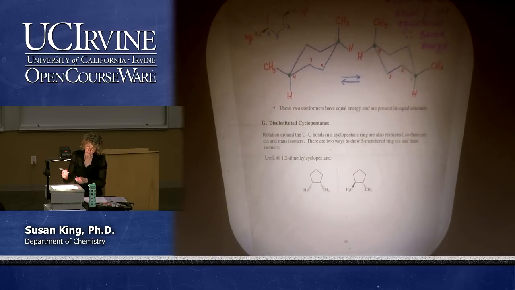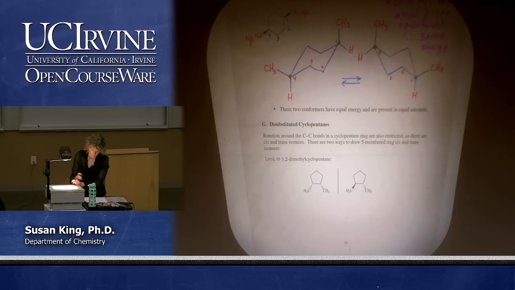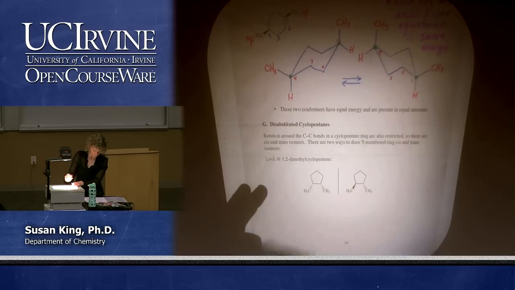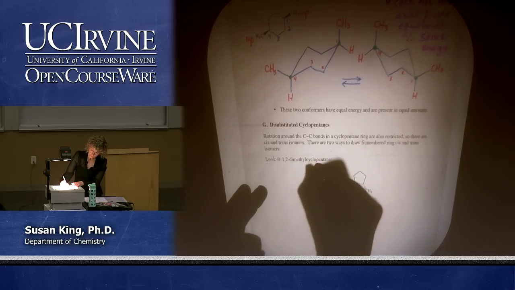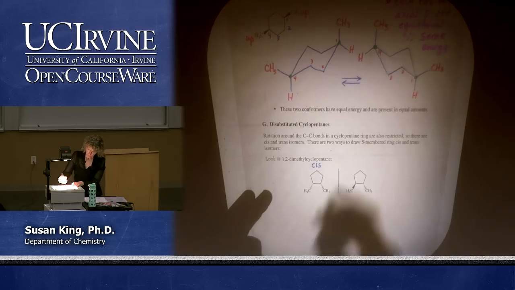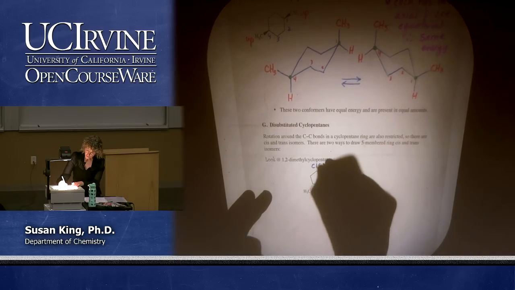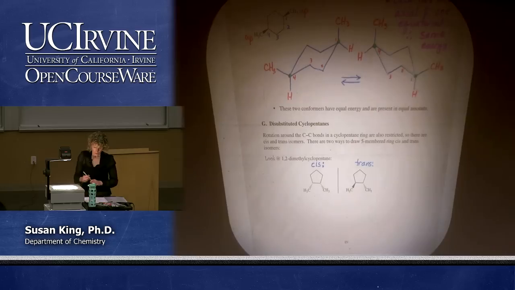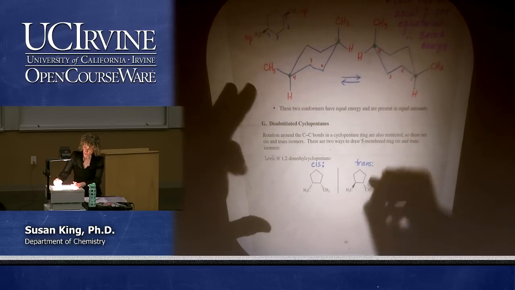All right, so let's look at 1,2-dimethylcyclopentane. Which one is this, cis or trans? This is cis. This is trans. Two ways to draw.